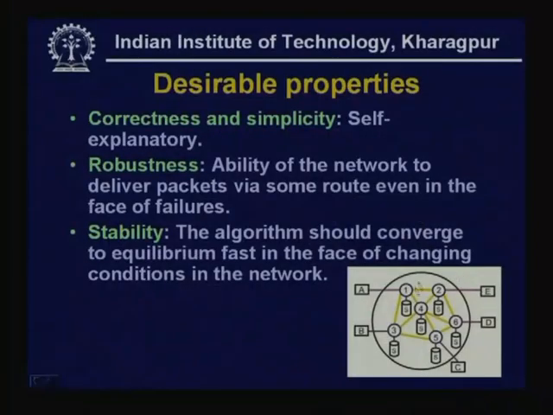So, in such a situation, suppose there is congestion in this part of the network, then what can happen, a particular station can divert all the packets towards another node, or not one station, all the stations can divert all the packets to another part of the network.